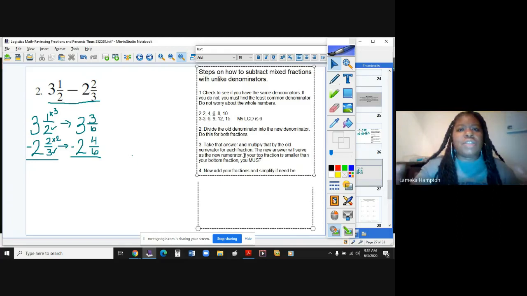Those words are used synonymously, depending on what book you read, but they basically mean the same thing. So I'm just going to say you must borrow the whole number.